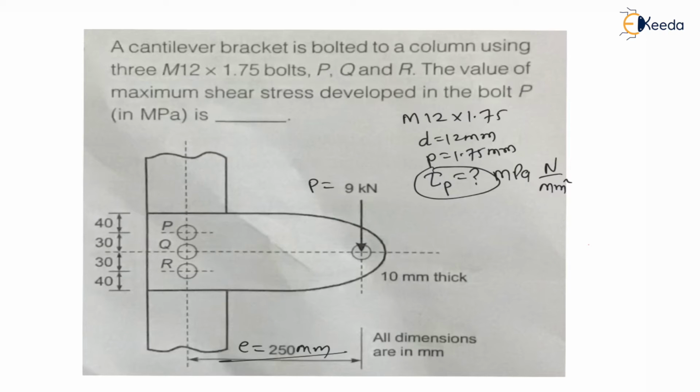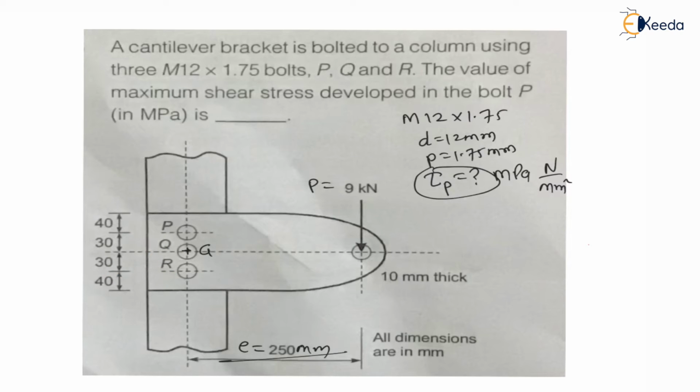Now can I say for PQR, the centroid of these 3 bolts will be at Q. This G is the centroid of all the 3 bolts. G is nothing but at Q location, and from Q the distance of P is 30 mm, and from Q the distance of R is 30 mm.